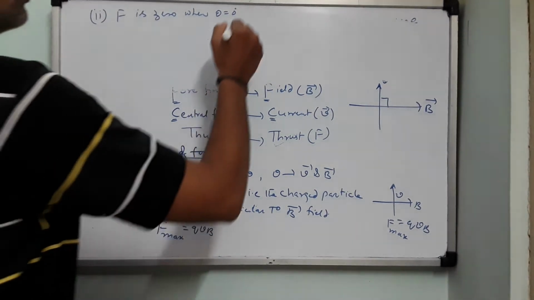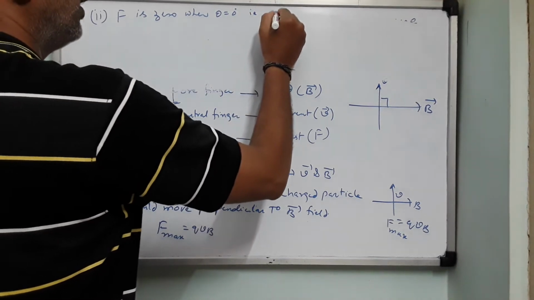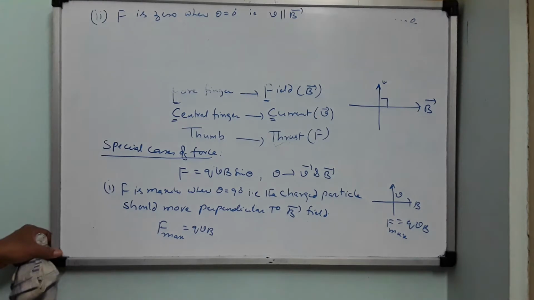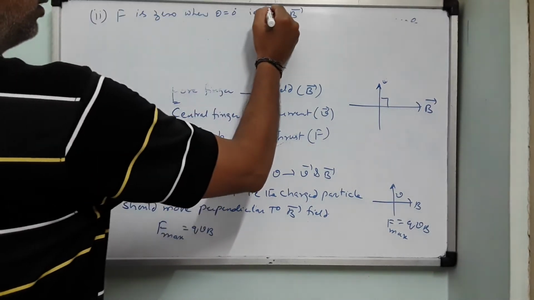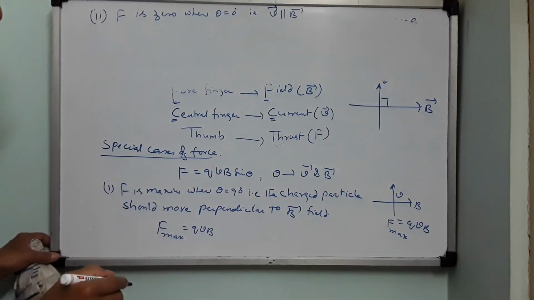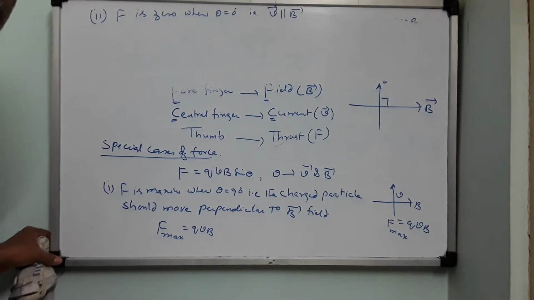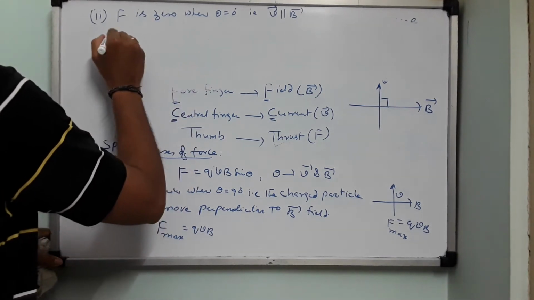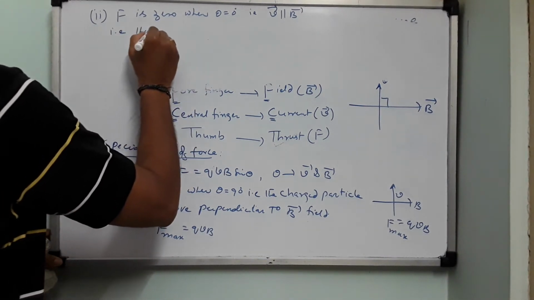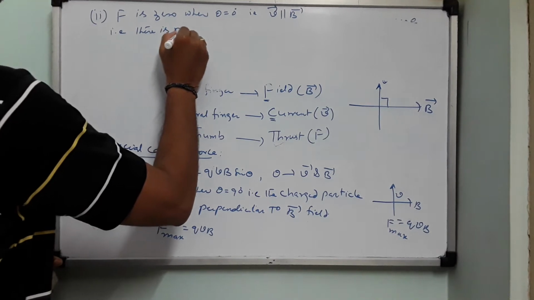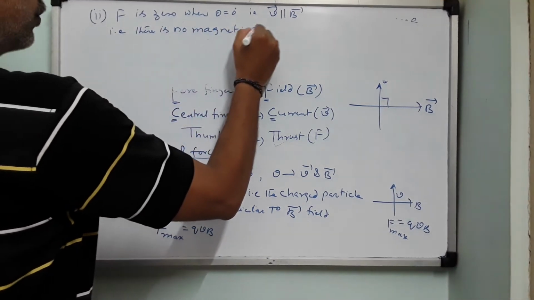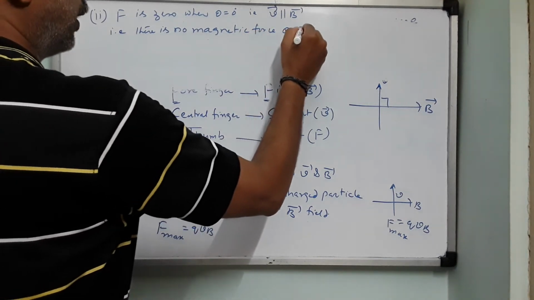So that is V is parallel to B, the velocity vector. A charged particle does not experience any force when it is moving parallel or anti-parallel to the magnetic field. So F is 0, that is, there is no magnetic force on the charged particle.